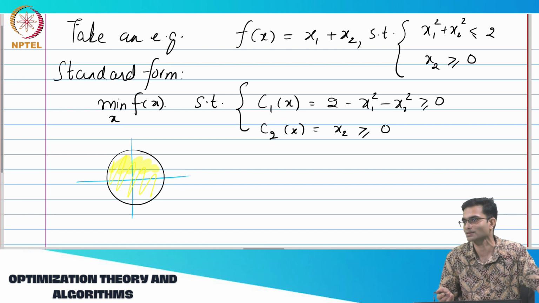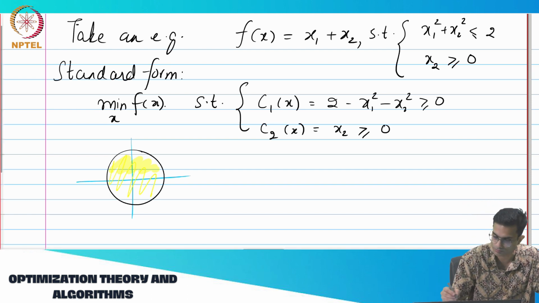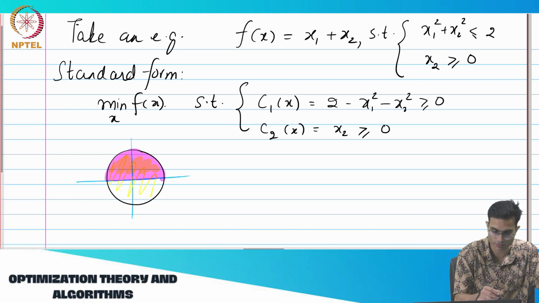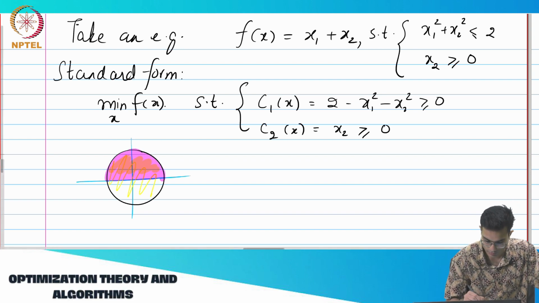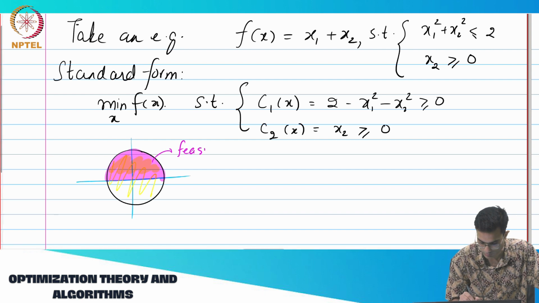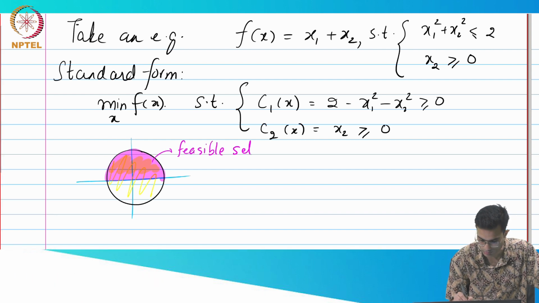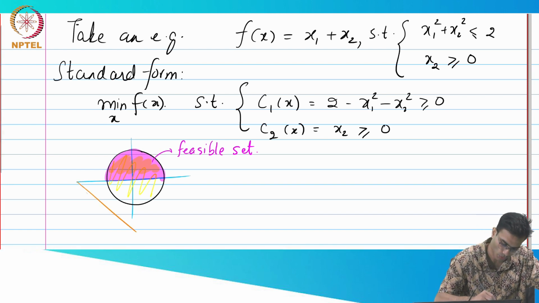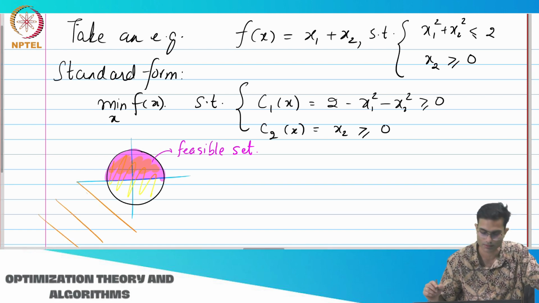So that in fact is the feasible region. Quite easy, and the contours of the cost function are anyway like this.